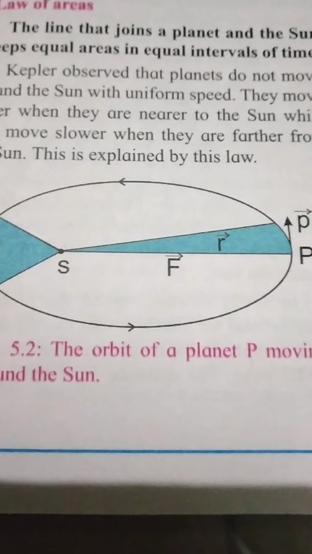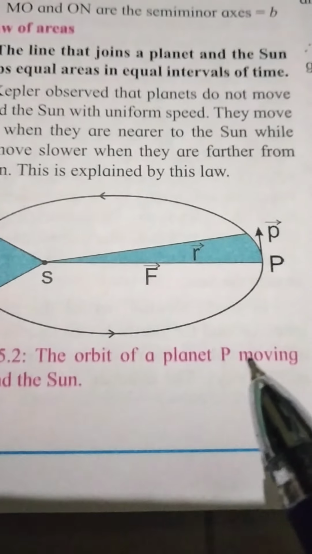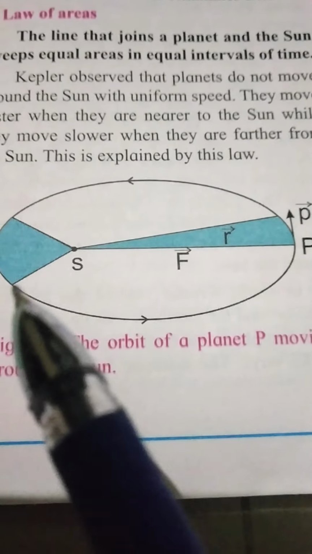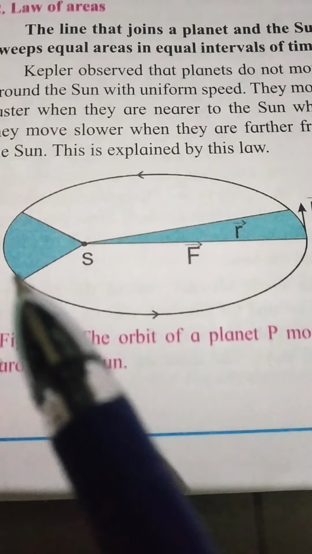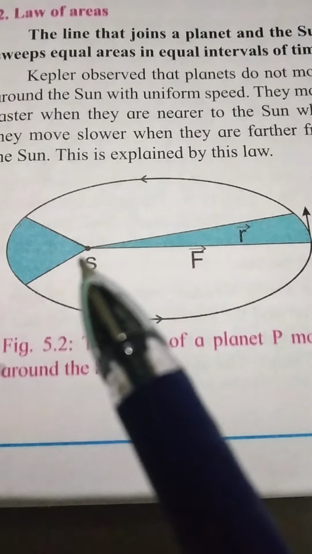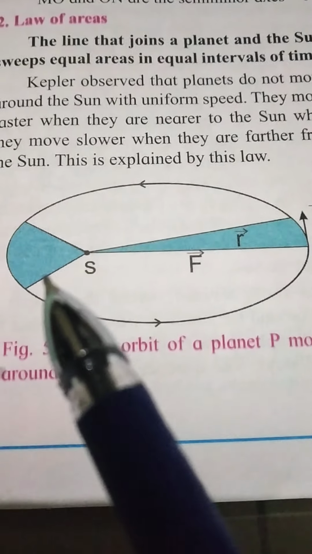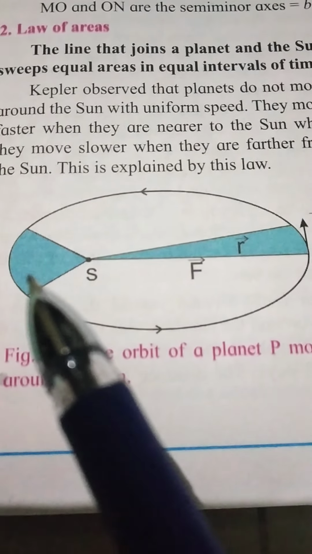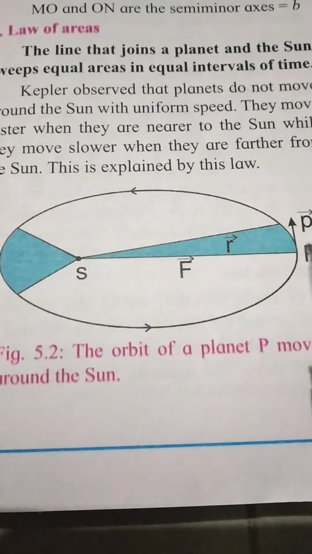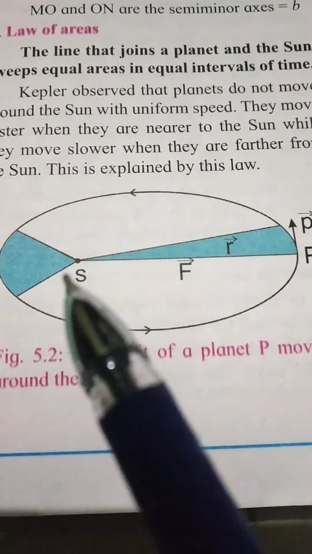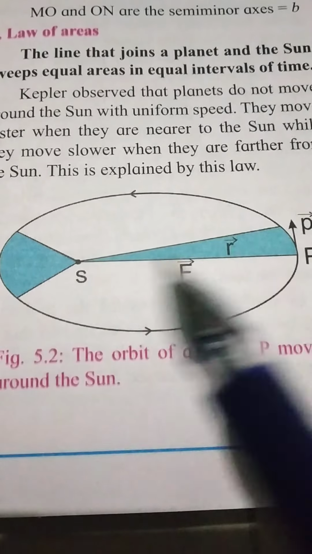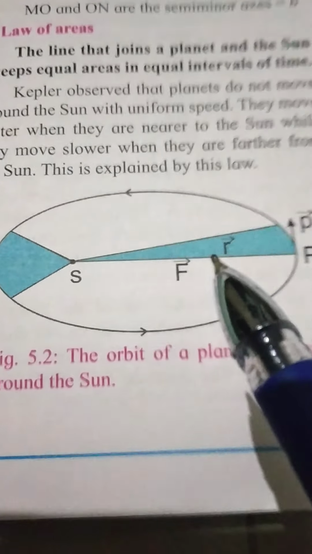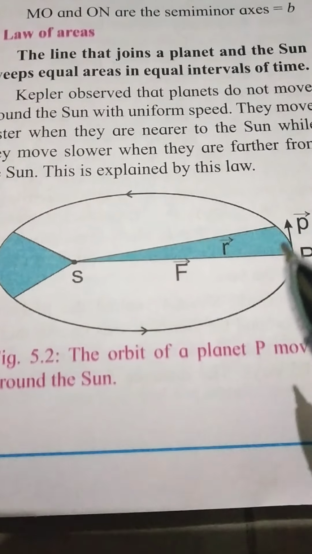These figures show the orbit of planet P moving around the Sun. When the planet is close to the Sun, it moves fast, and when the planet is away from the Sun, it moves slower.